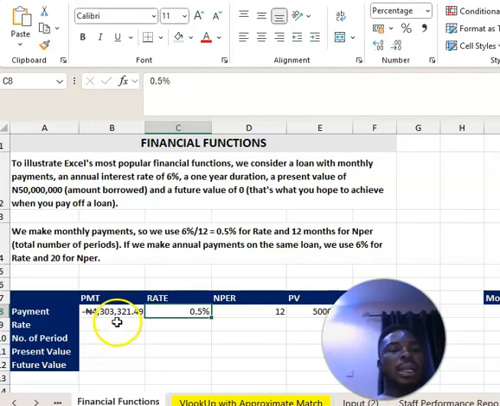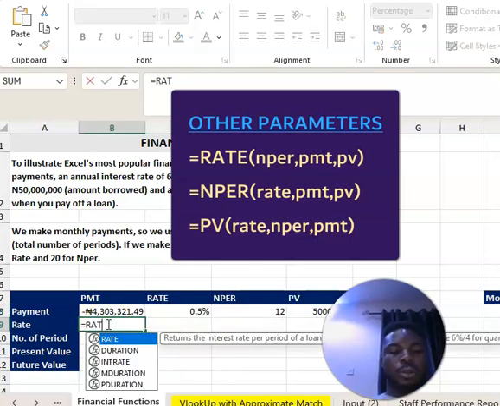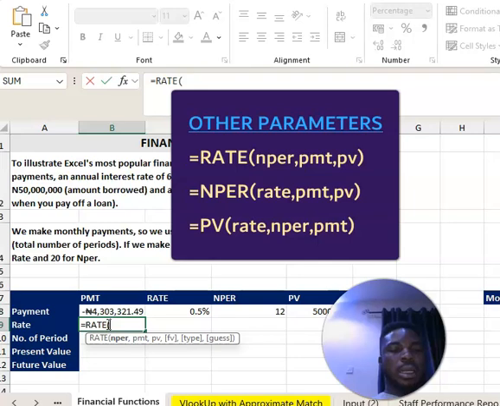On the other hand, let's say I know my monthly payment and I don't know the rate. I know every other value, so I want to calculate the rate. I'm going to use the RATE function, equals RATE, and the same way I calculated the payment, I'll input my arguments. Number of periods will be 12.